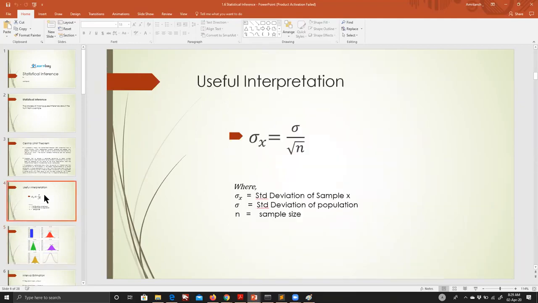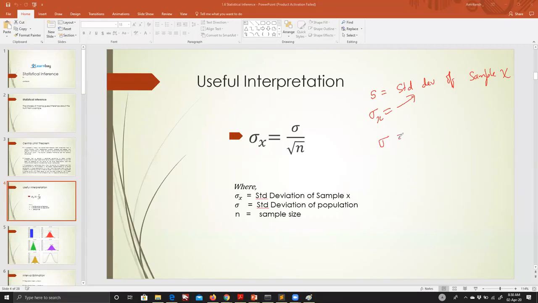Now there is a useful interpretation that I want you to note down. There are different notations, so some people might use small s. In some books it is used as small s, which is the standard deviation of sample x. Or some people just use it like this, same thing.